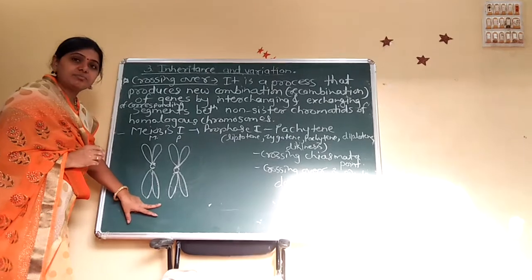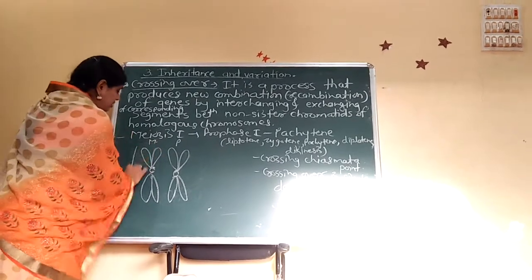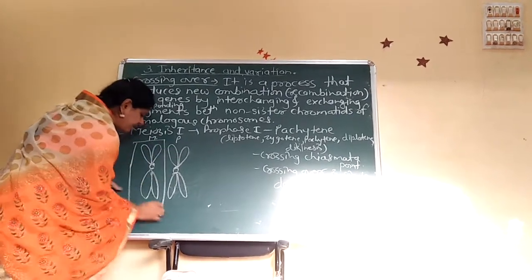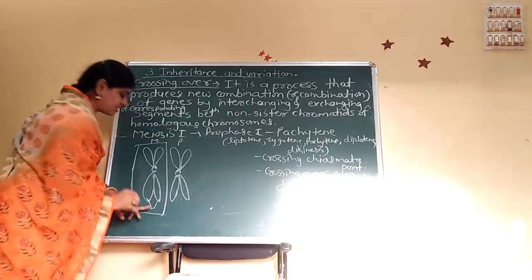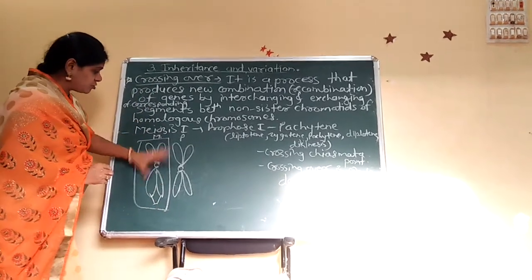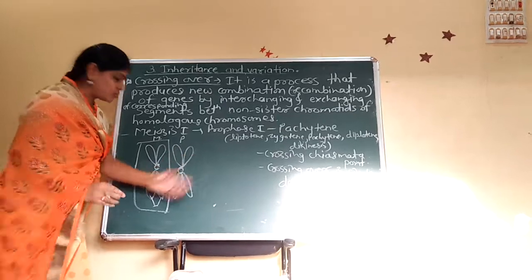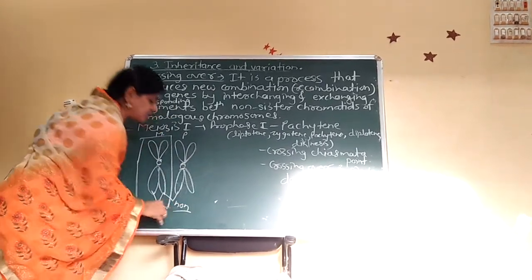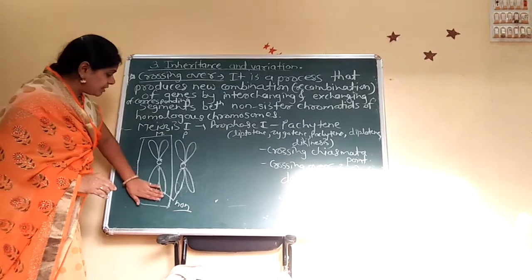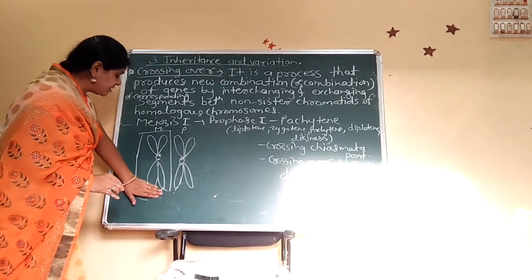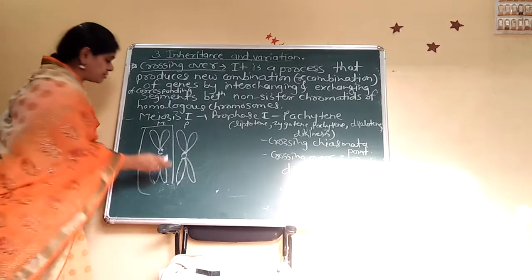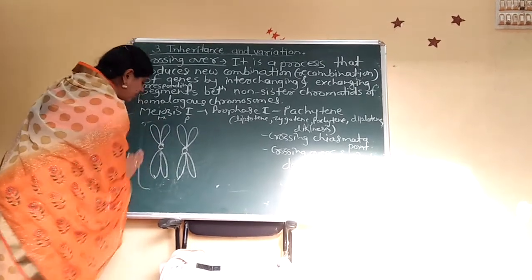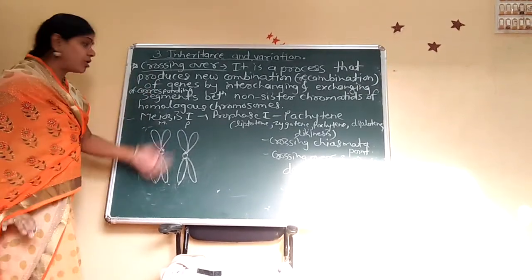Non-sister chromatids: in the same chromosome, the chromatids are called sister chromatids. But in homologous chromosomes, the chromatids are called non-sister chromatids. In these non-sister chromatids, crossing over takes place.